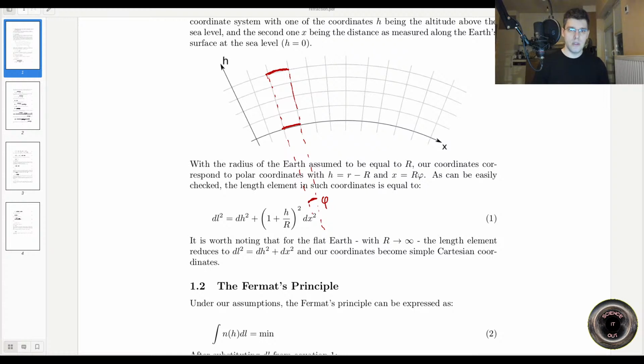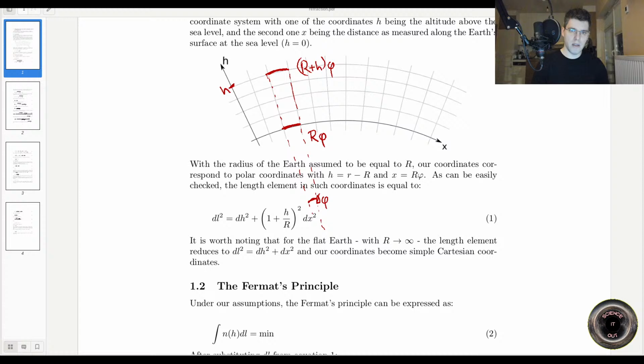And so the length of this piece will be r times phi, and the length of this will be r plus h times phi, where we consider h to be here, some altitude h. So now this is like delta phi, a difference in some angle, right? So it's like an angular difference between those two positions.